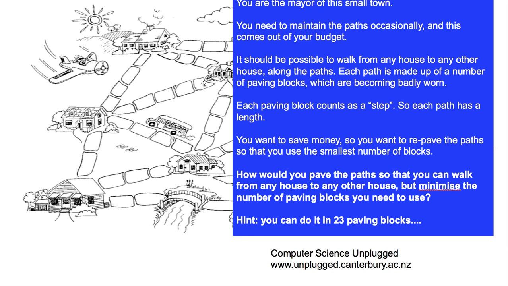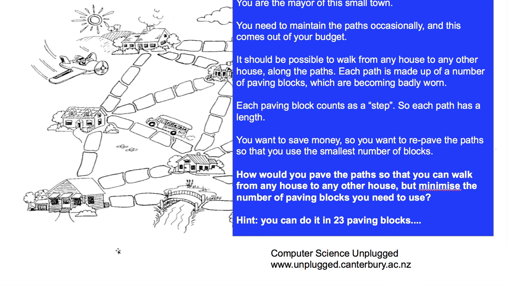So the question is this: how do you replace the blocks in the path network with new blocks such that it's still possible to walk between any two houses, but you use the fewest number of blocks? That is, what's the minimal network in this diagram that keeps all of the houses connected? So here's a hint.